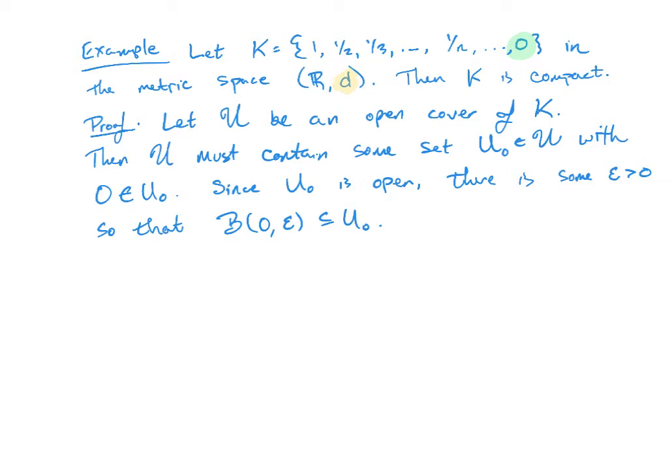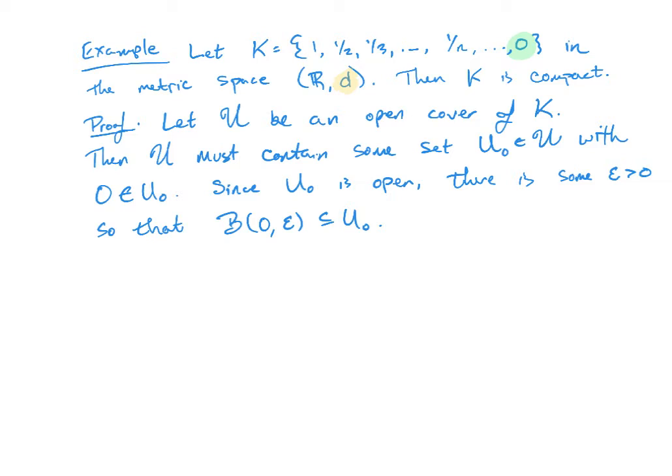Okay, so there's some epsilon so that we get the epsilon neighborhood of 0 in that set. Now, the sequence 1 over n is converging to 0. So at some point that sequence is inside that neighborhood.